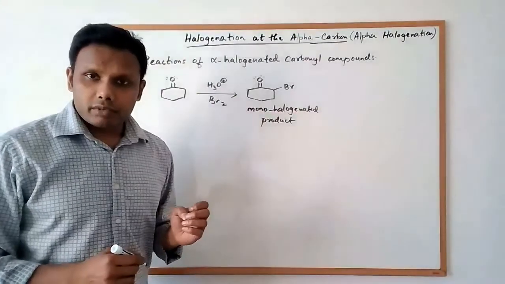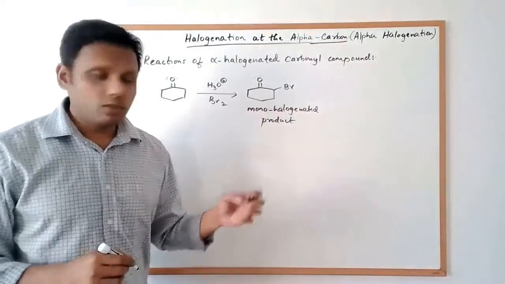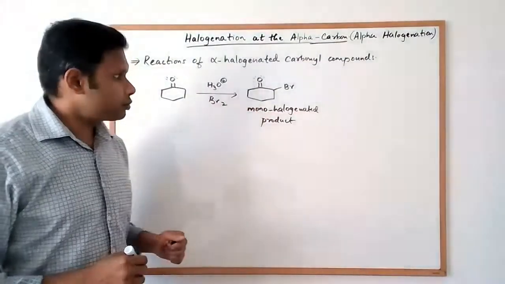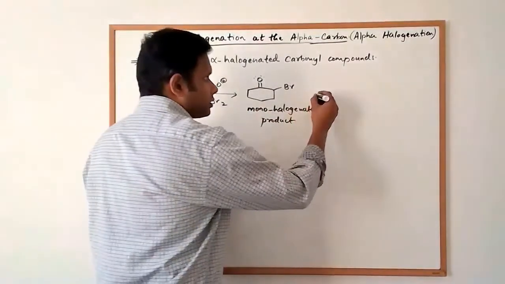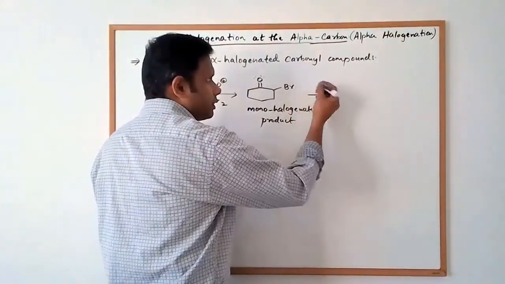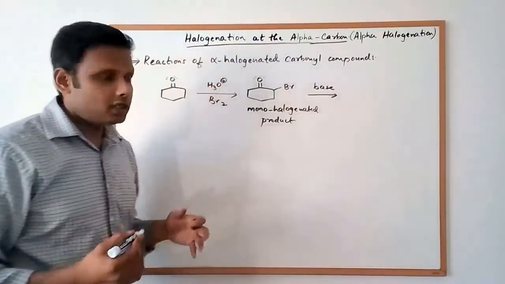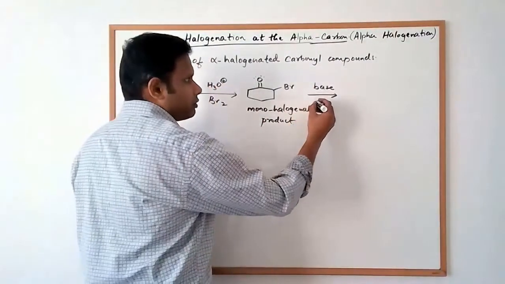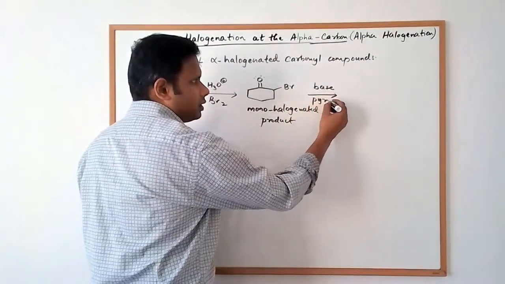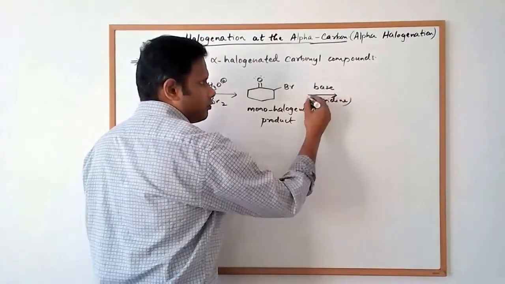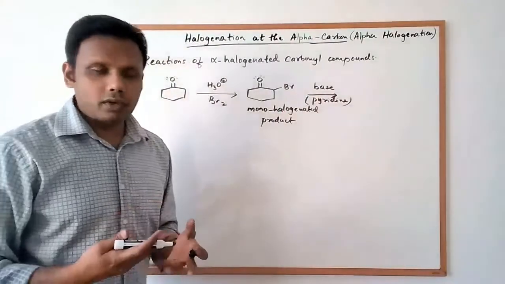One interesting application or reaction that you can do with this monohalogenated product is to react it with pyridine or a base. The most common base that's used here is pyridine. We've seen pyridine earlier for other reactions.